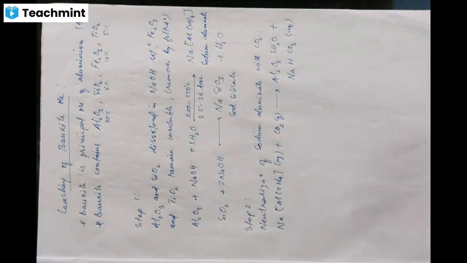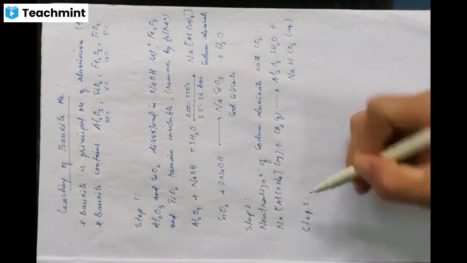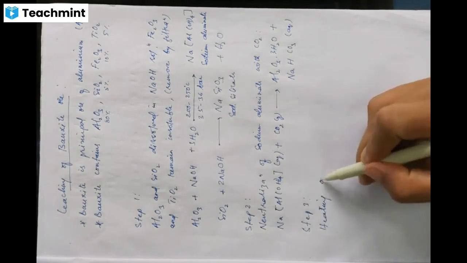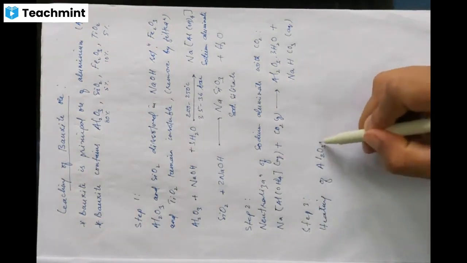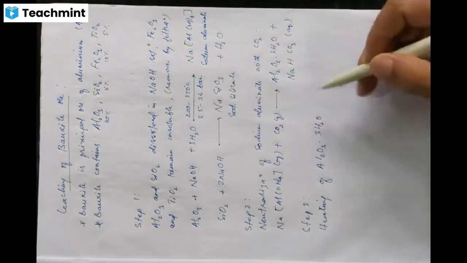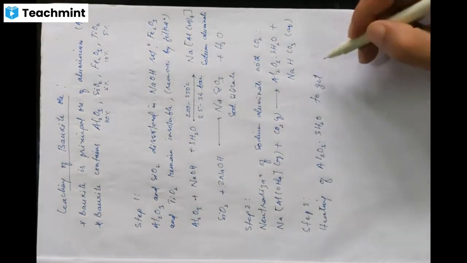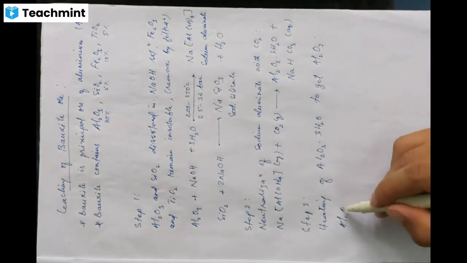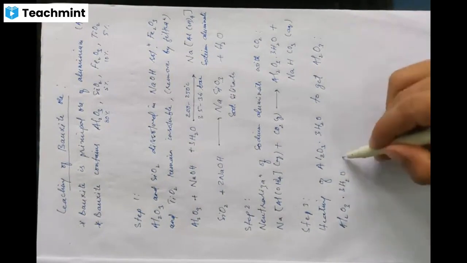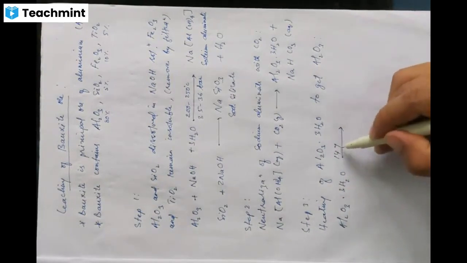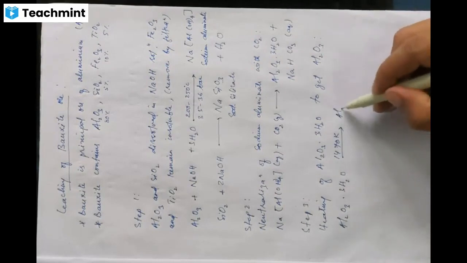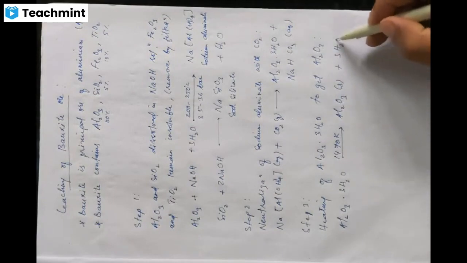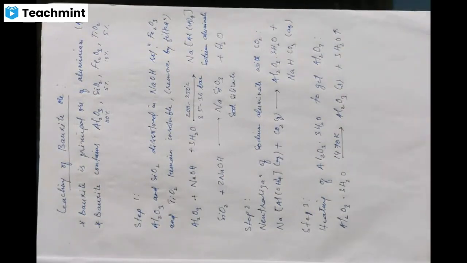And then in the third step, what we do is we heat the aluminum trioxide trihydrate that we have obtained to get aluminum trioxide, at 700 Kelvin, and then we get aluminum trioxide as water is removed in the form of water vapor.